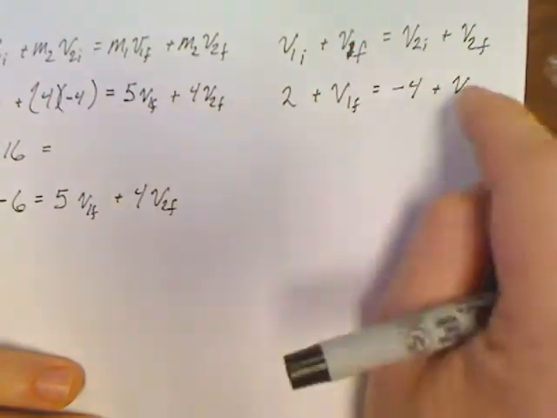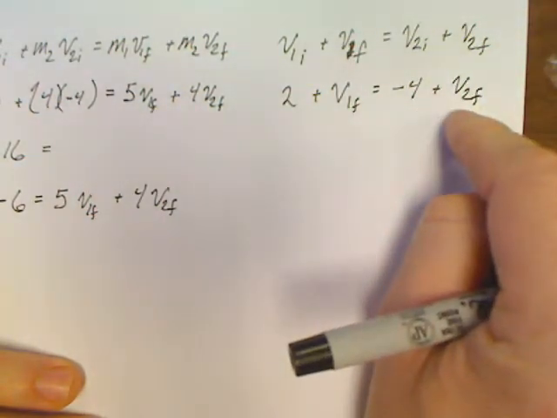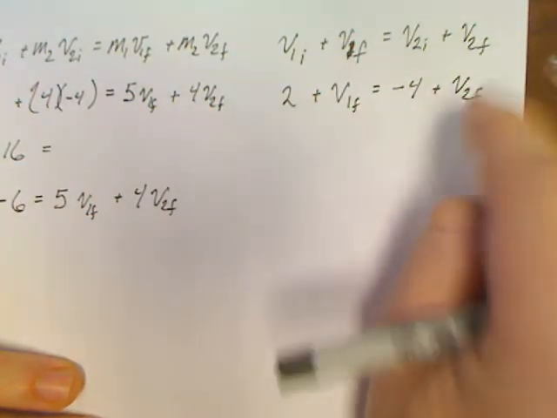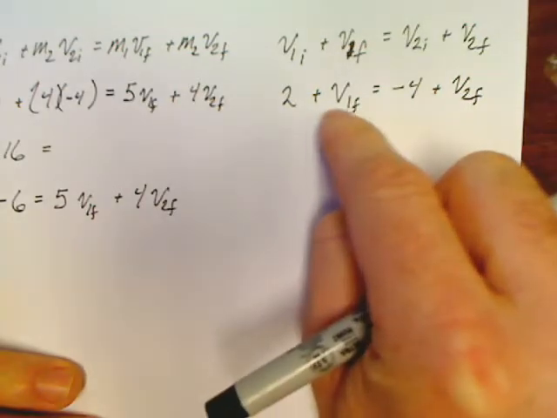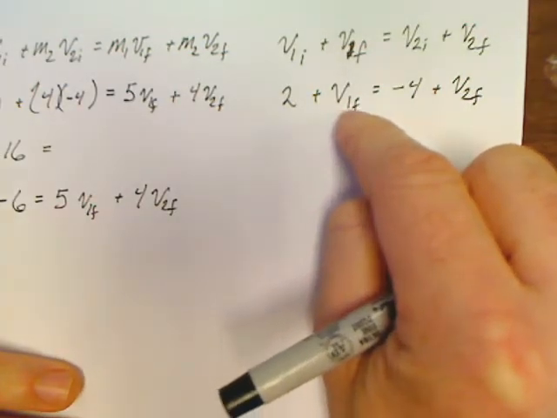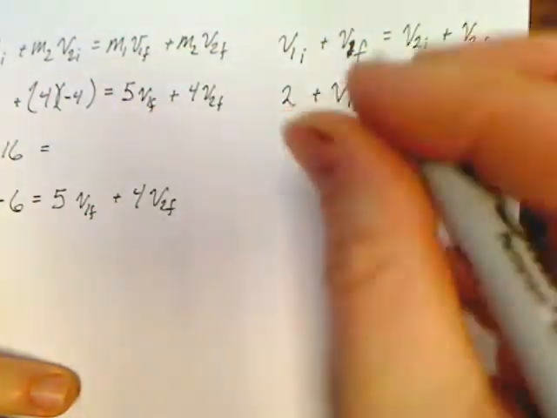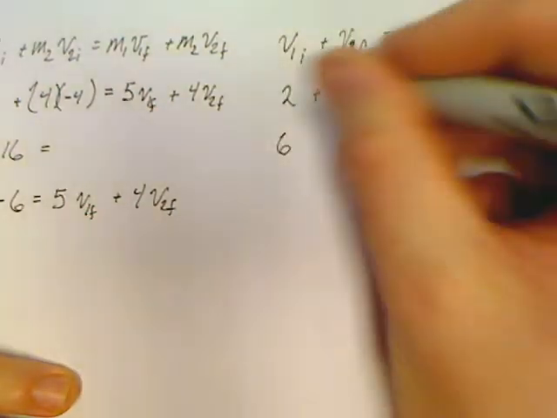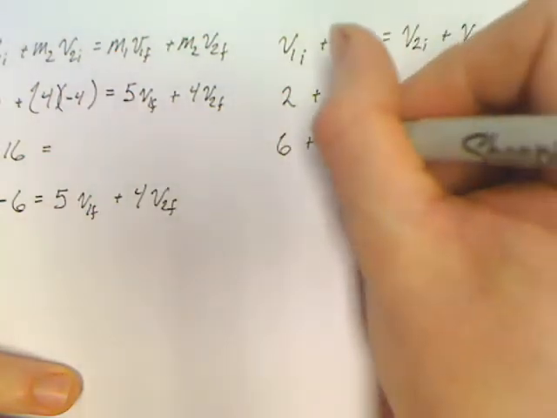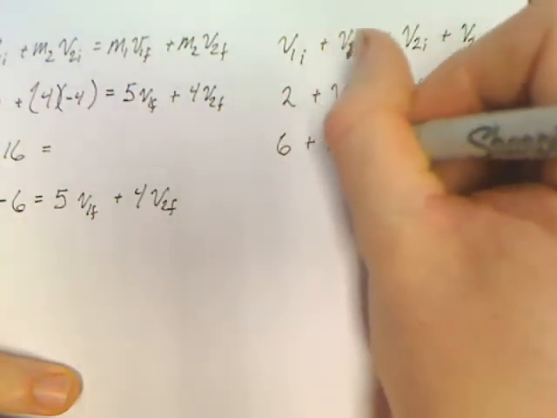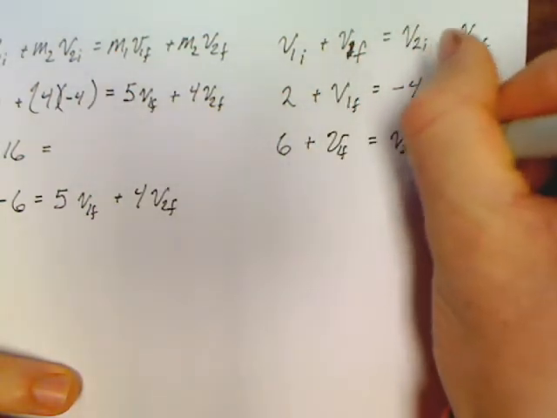Over here, for some reason I always solve for V2F when I do these problems. I always solve for that one. I never solve for V1F. So I'm going to add that 4 to both sides. I'm going to end up with 6 plus V1F equals V2F.